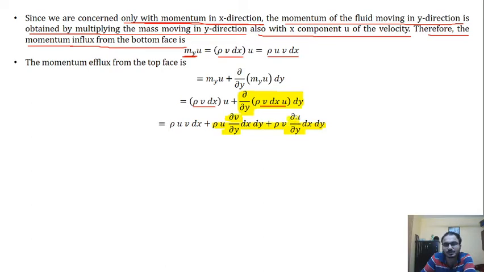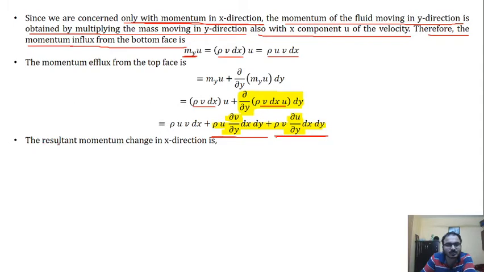Here if you see, there are two variables u and v. In the first part we have kept u as a constant and differentiated v, and in the second part we have kept v as a constant and differentiated u.